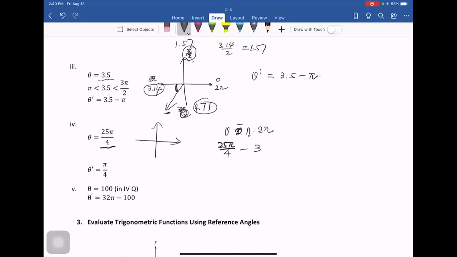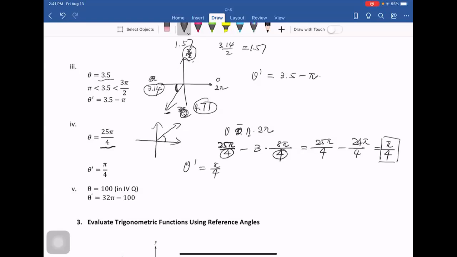I try n equals 3. No, that's too much, n equals 2? Yeah, that's one that works, because 2 pi converts to 8 pi over 4 to get the same denominator. So 25 pi over 4 minus 24 pi over 4 equals pi over 4. This is a very simple angle, so the reference angle equals pi over 4.